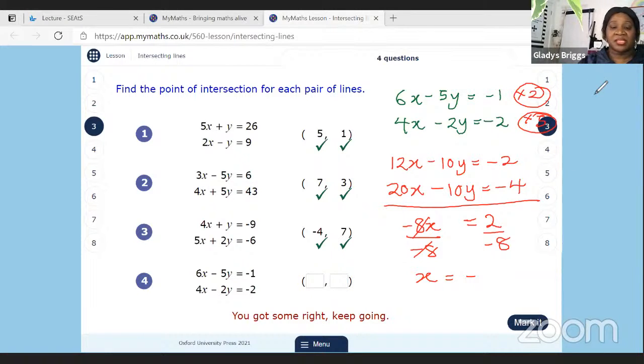Is this correct? -4. -1/4. I don't know whether this is correct. Let's see. -0.25.